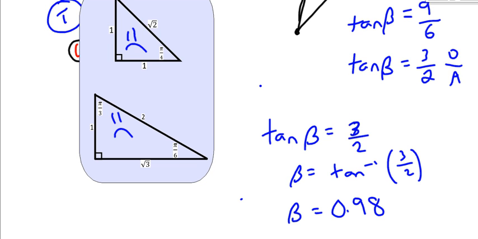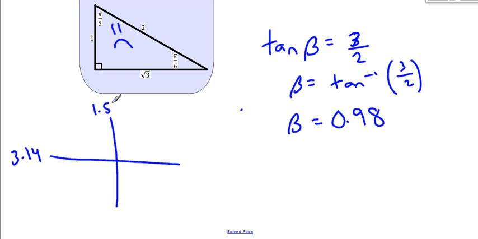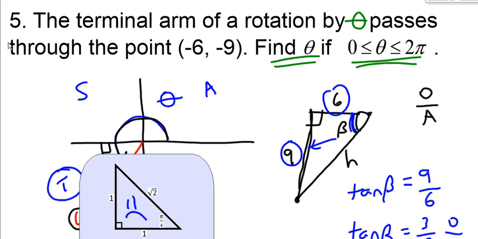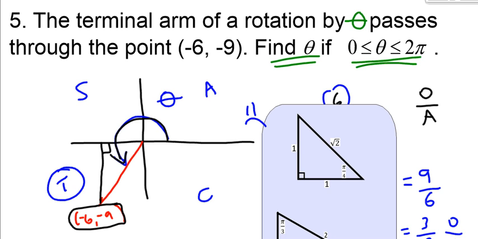Remember, that is a radian measurement, not degrees. 0.98 of a radian, where is that? Well, this is pi radians, so this is half of that. So 0.98 is about here-ish. Again, not to scale. But I know from the visual I made that I'm supposed to be in quadrant 3.